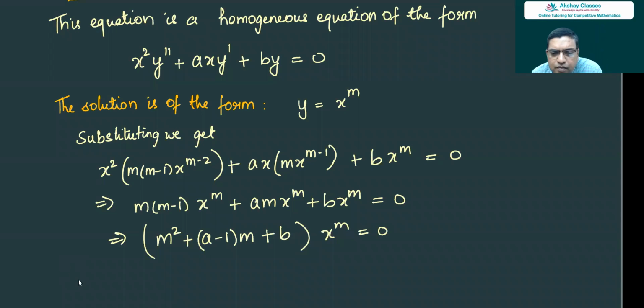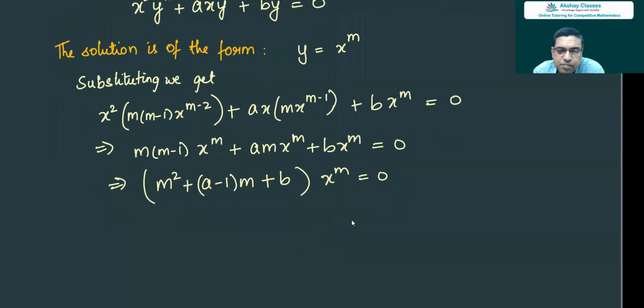So x cannot be 0. So x power m cannot be 0. So what the solution comes from this equation. So this is called as the auxiliary equation for the Euler-Cauchy equation.